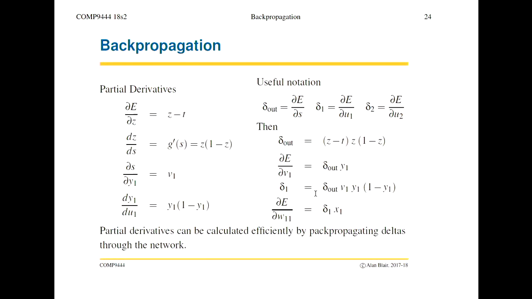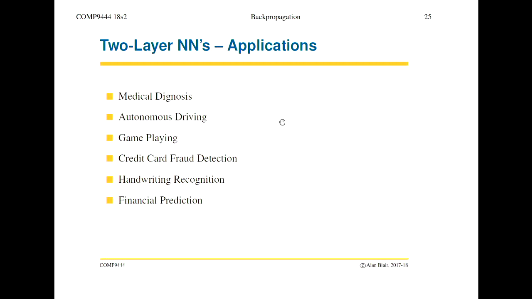Okay, any questions about this? So now, again, I'm sort of going back to what traditionally was. Next week we're going to start to talk about image processing and multi-layer networks and all the modern stuff.